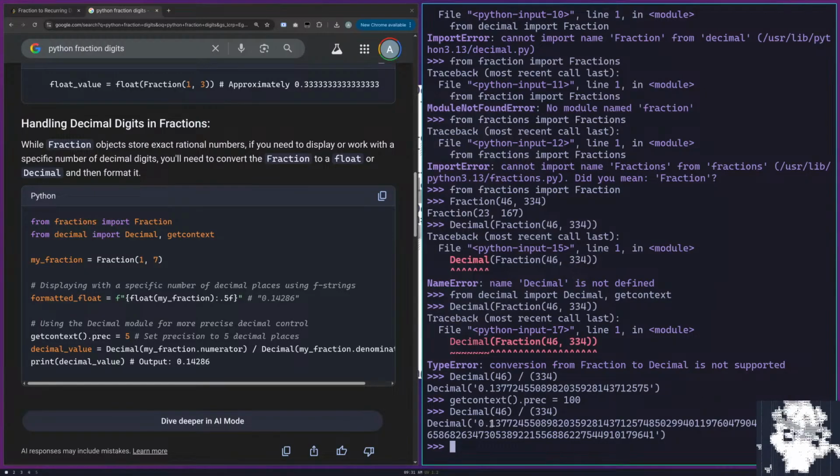where is the repetition here? I'm not seeing the repetition.